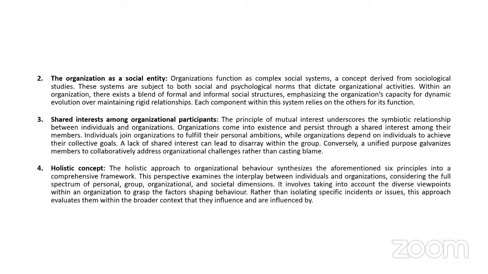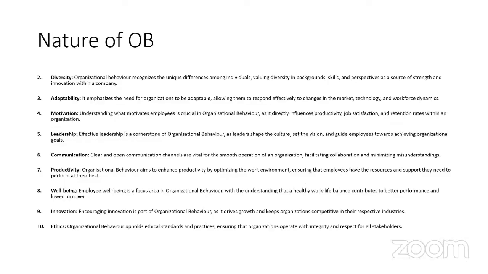Holistic approach. The holistic approach says that the links between the individuals and the organization should be taken into consideration. Right? So that is the next principle of organizational behavior. The next thing that we need to look at is understanding the nature of OB. Diversity, how different people are from one another.